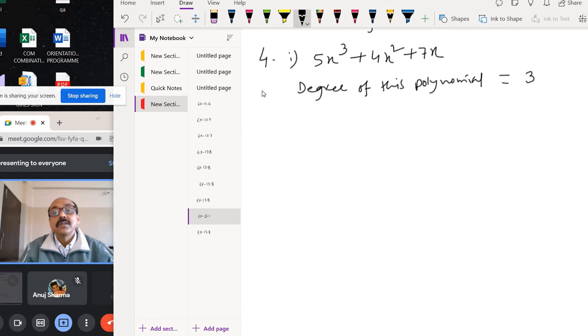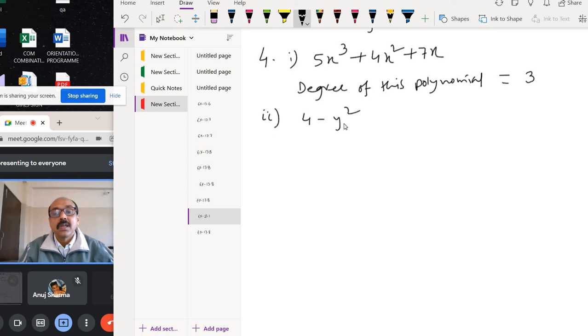Next question. Four minus y square. What is the degree of the given polynomial? This is a polynomial of one variable y.